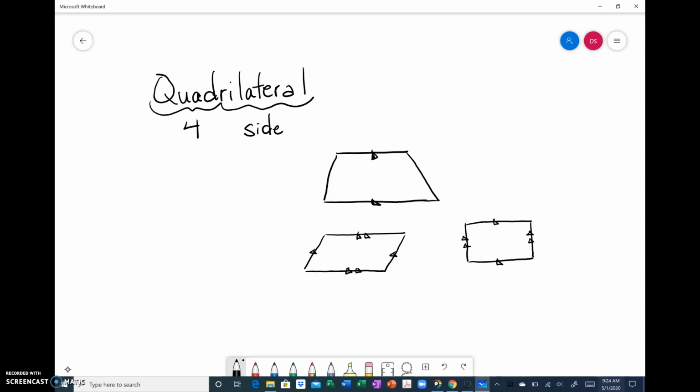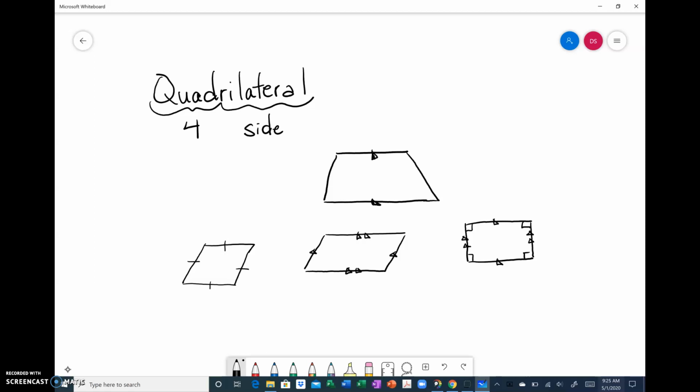Another rule about rectangles is it has to have four right angles. And then different from a rectangle, we have a rhombus, which is a parallelogram, but more specifically, it has four congruent sides.